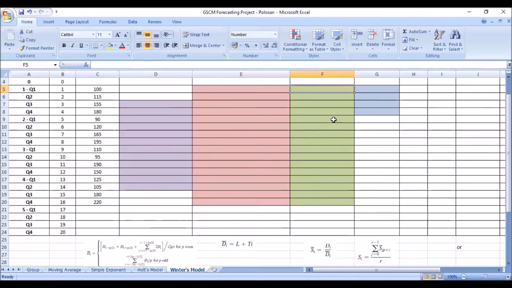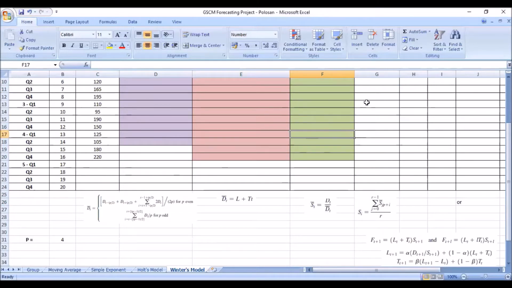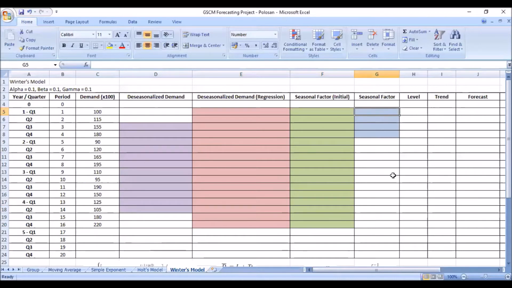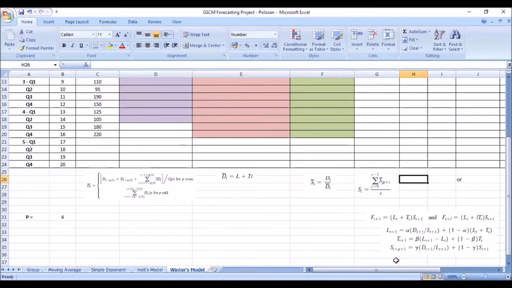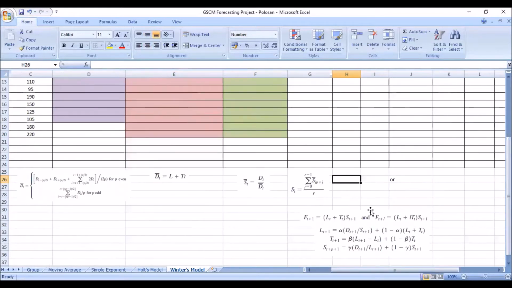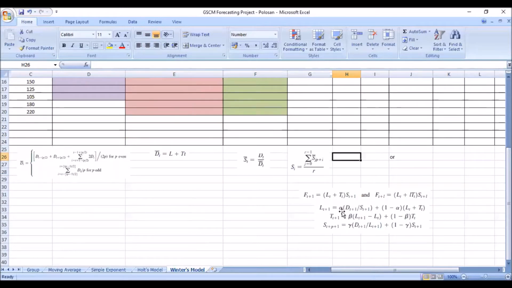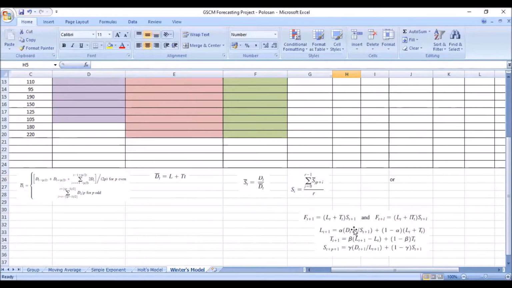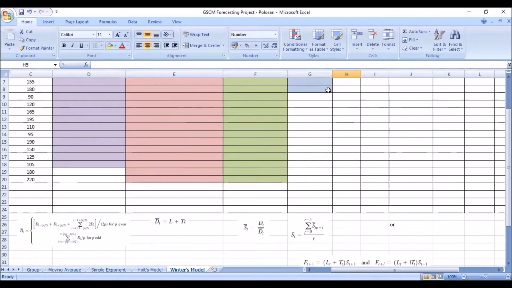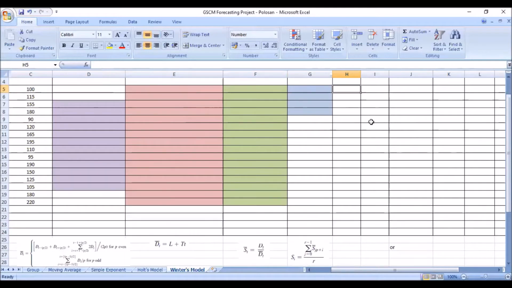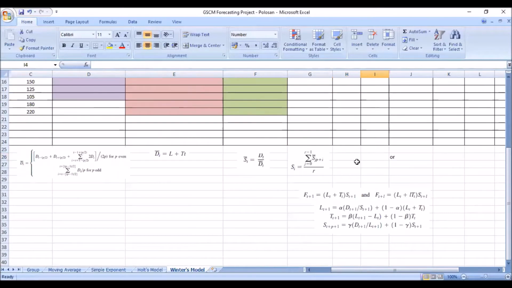In this case, it's the seasonal factors of the first, fifth, ninth and thirteenth periods divided by R, which is the period, meaning 4. After that, we find the level and trend using the corresponding formula, where the level is alpha multiplied by the demand of that period divided by the seasonal factor of that period, plus 1 minus alpha multiplied by the level and trend of the previous one.